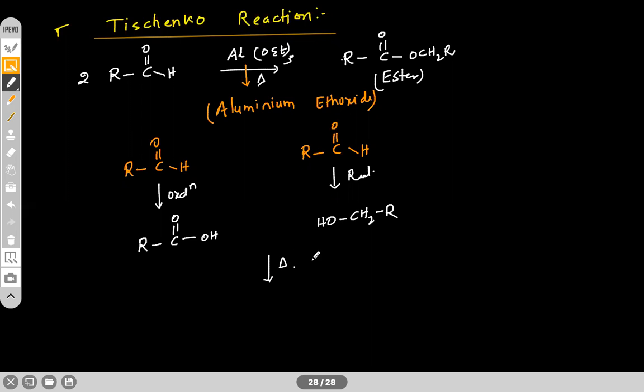When you heat this, then H2O eliminates from this, and these two combine and form RC double bond O, OCH2R. This is the product we get. So you always write down the product like this: one oxidation, other one reduction, and then elimination of a water molecule by both.